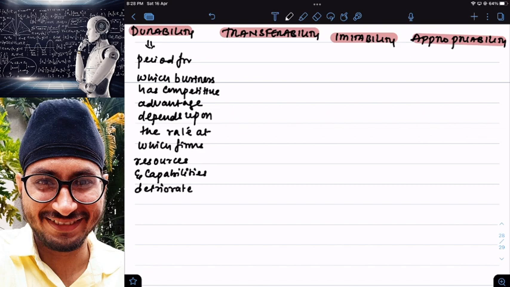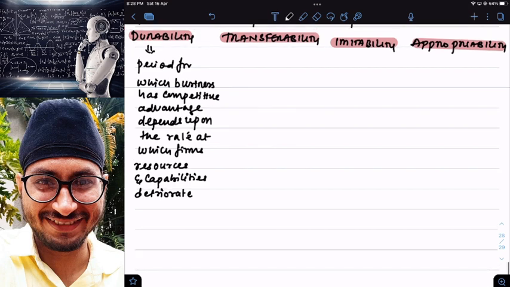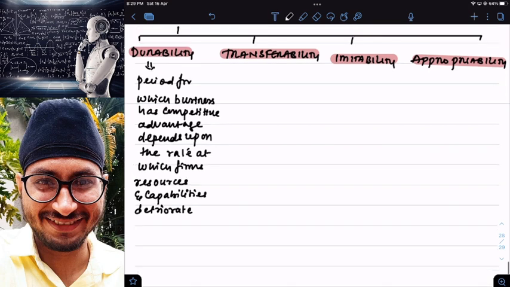The faster my capabilities become common, the faster I will lose my competitive advantage. Simple. As fast as my competitor develops the same advantage, that is the period for which I have the advantage, maybe 6 or 7 months.